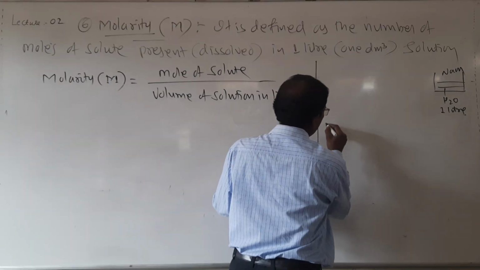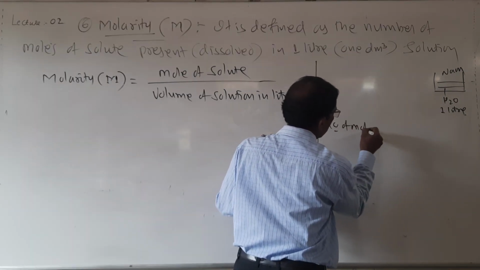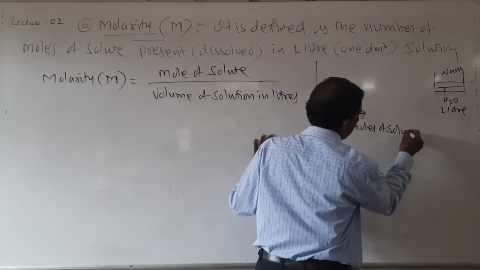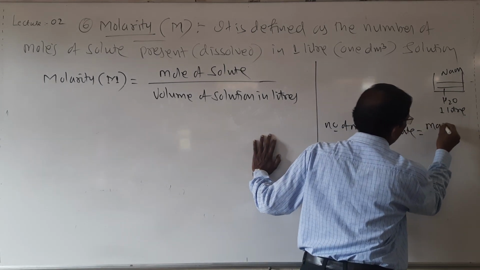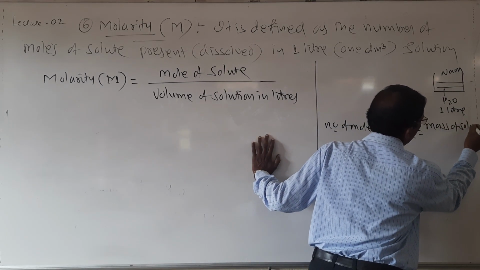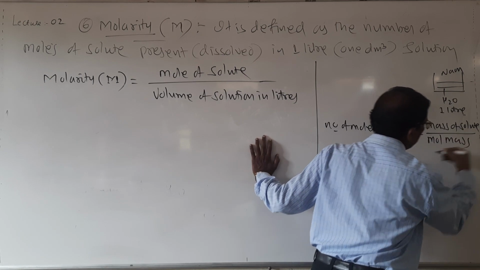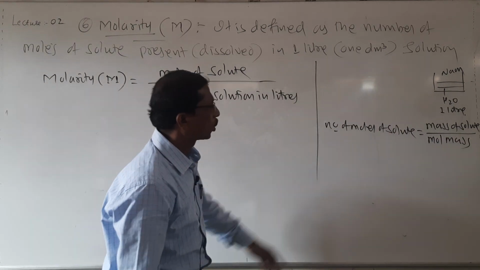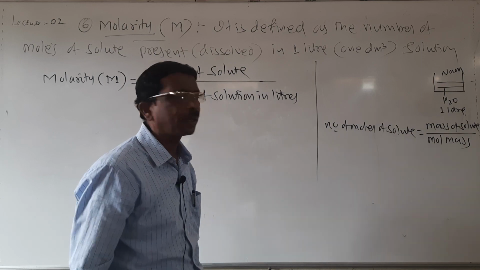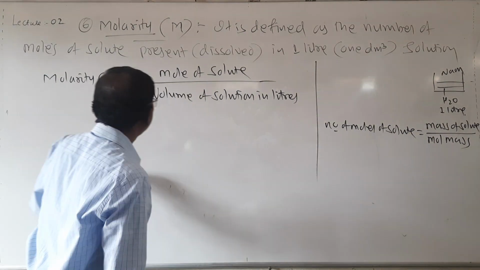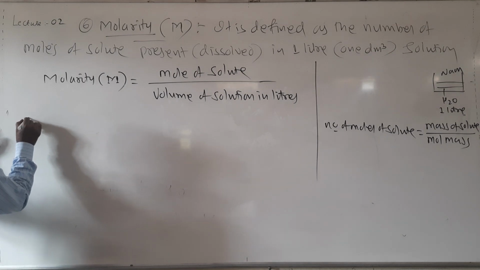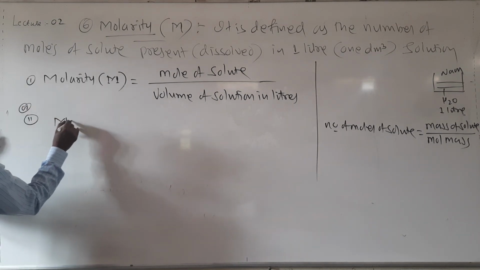We know that number of moles of solute is equal to mass of solute divided by molecular mass. Look here students, mass of solute divided by molecular mass. Then this formula may also be written like this.